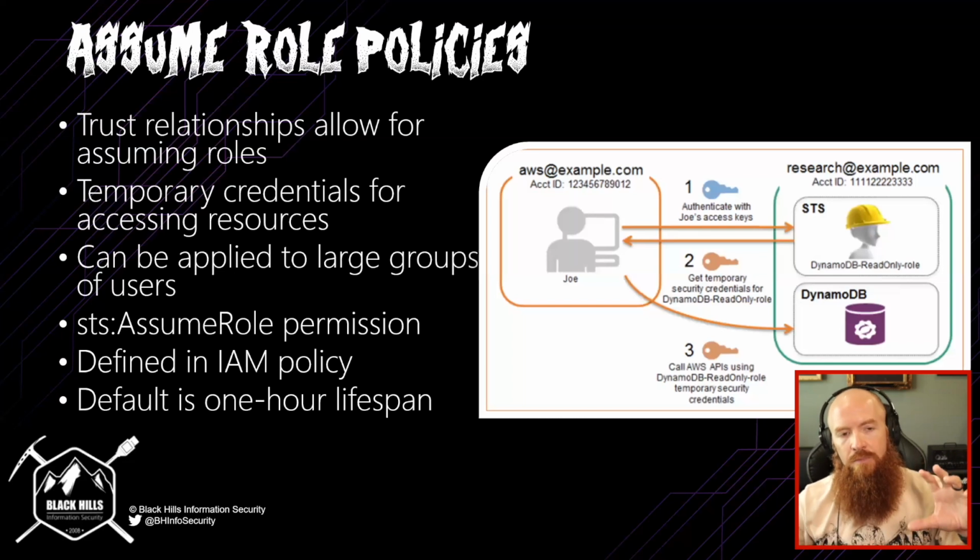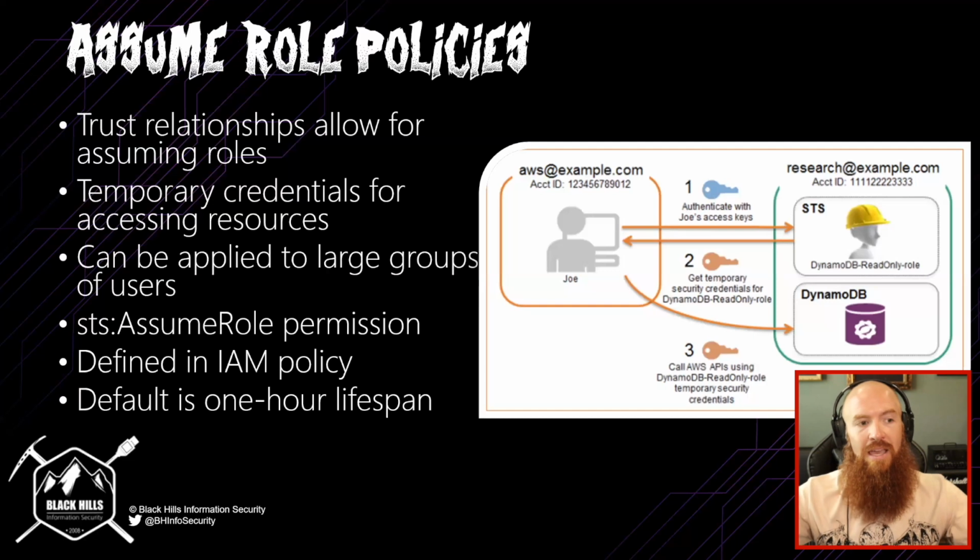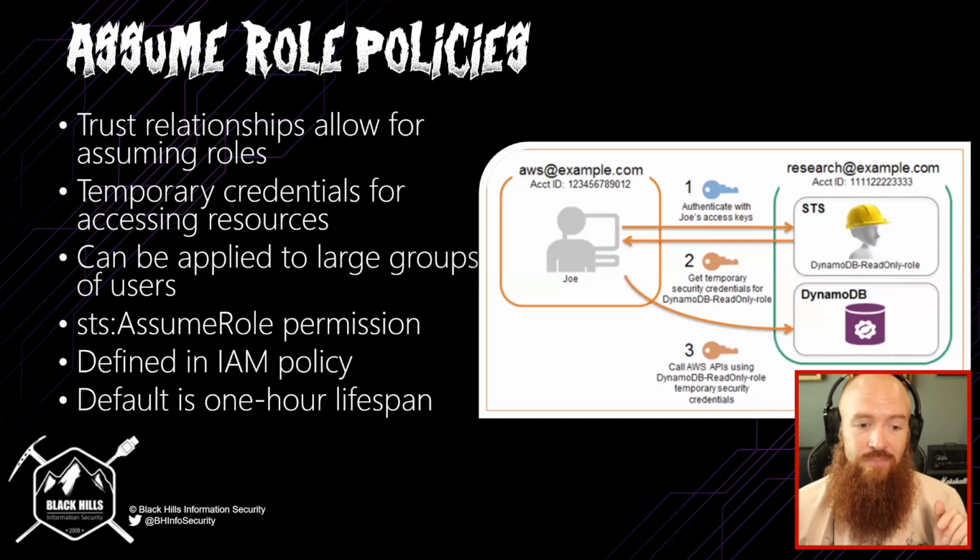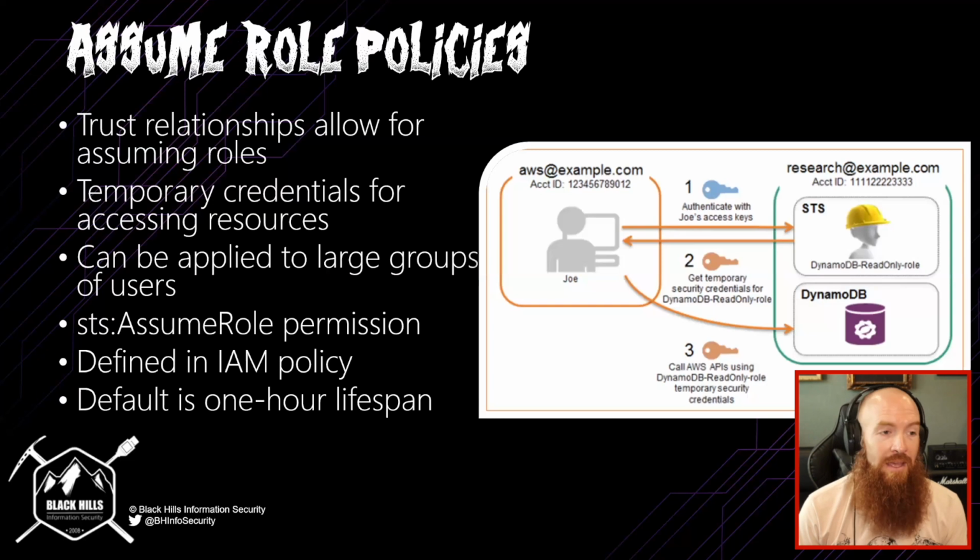Now, to expand on this, at a high level, you can do this exact same thing for pretty much anybody, including outside of your own account. So you could say, anybody in my organization can be an admin if they want to be by assuming this role. You can create an assume role policy that does that. Or you can say, I have an external auditor.